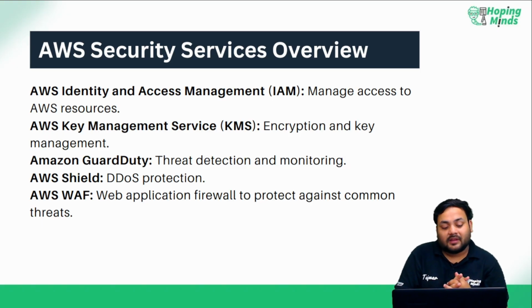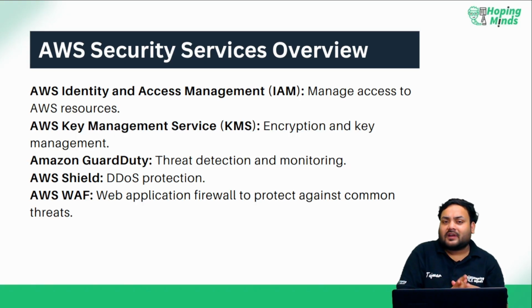Then we have AWS WAF, or web application firewall. By implementing a web application firewall we can protect our applications and resources from very common attacks, or very common threats. And when we talk about WAF, it comes in the category of very expensive services.